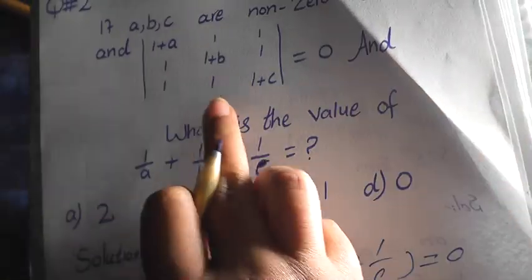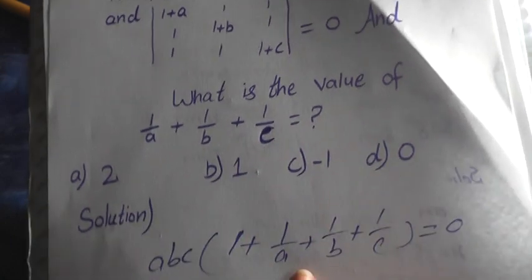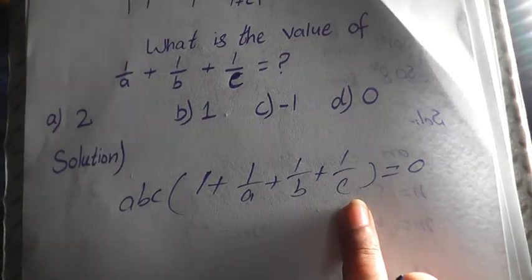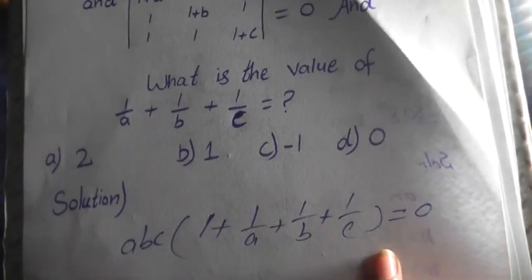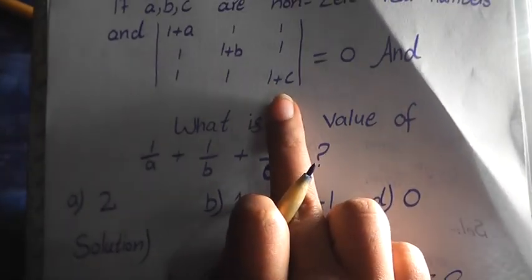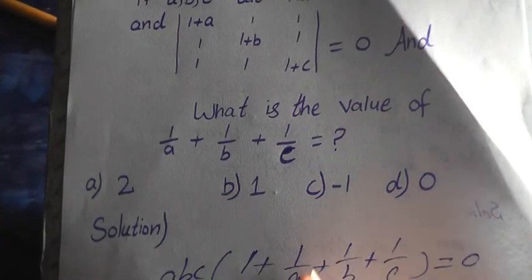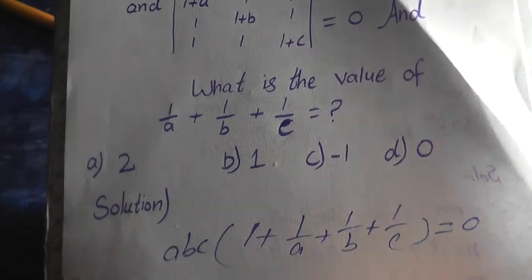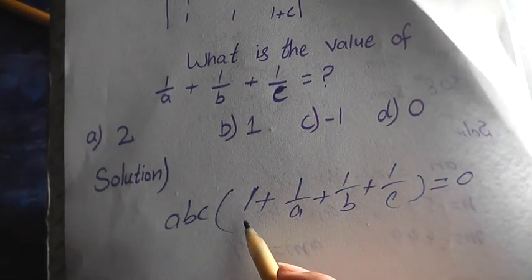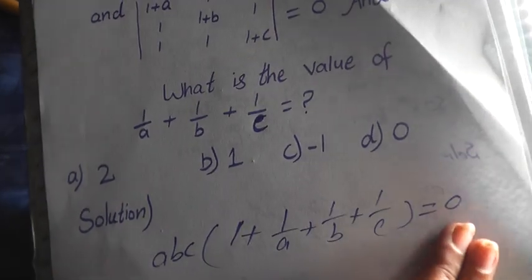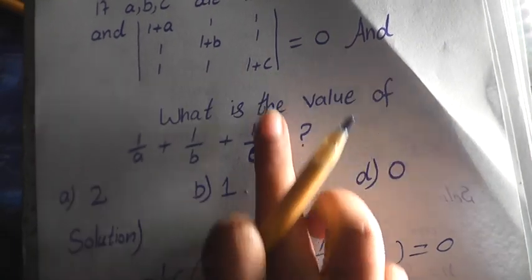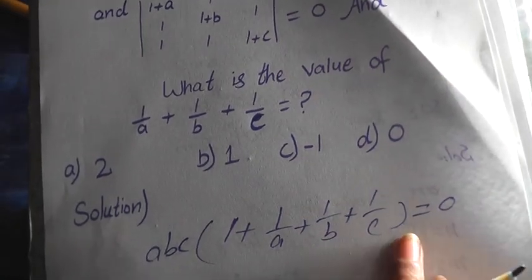The determinant of this matrix given is equal to 0. So the determinant of this matrix, we will take it in this form. You can also try to evaluate it by the first row, by the first column, by row operation or by column operation, but we can take ABC into this form. A determinant like this has this form.